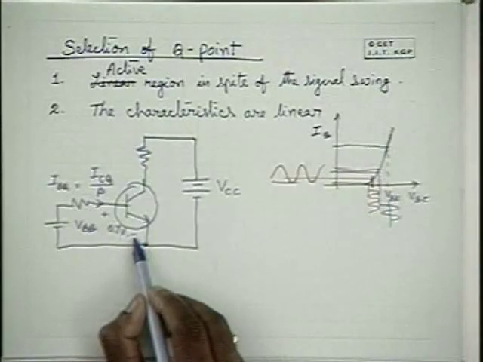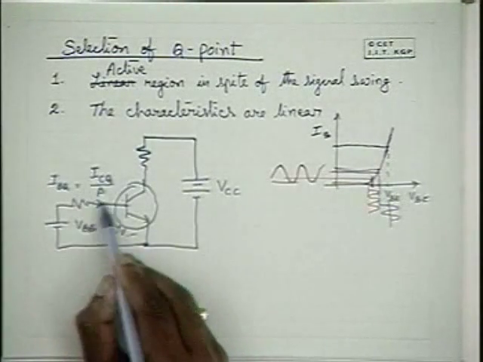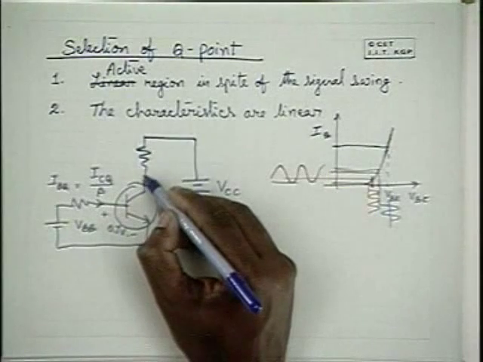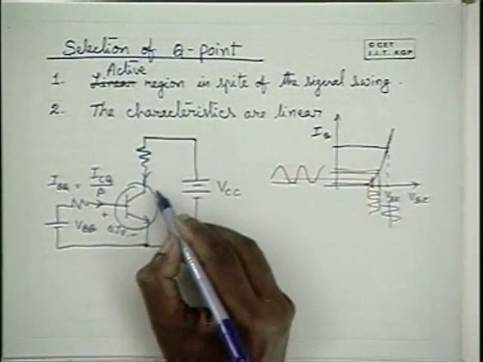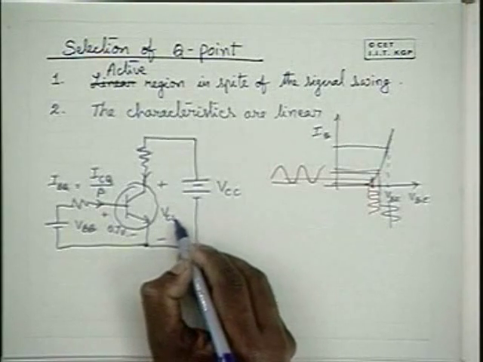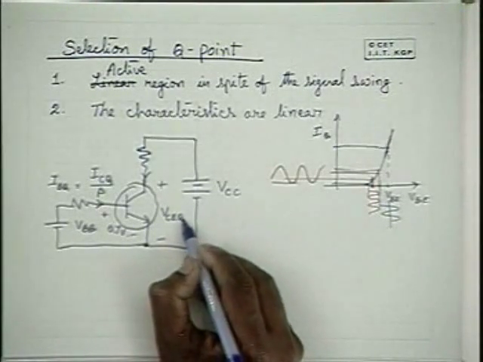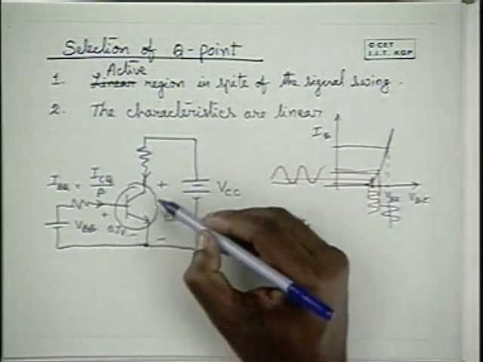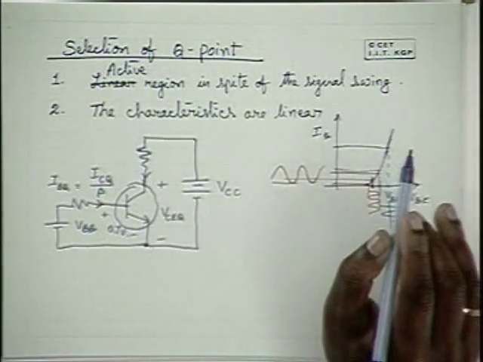This should be 0.7, and IBQ should be this much. Then, given that ICQ, this voltage VCE should be equal to VCQ. So that is the requirement.